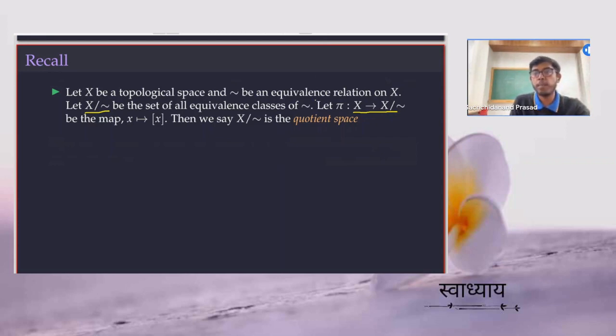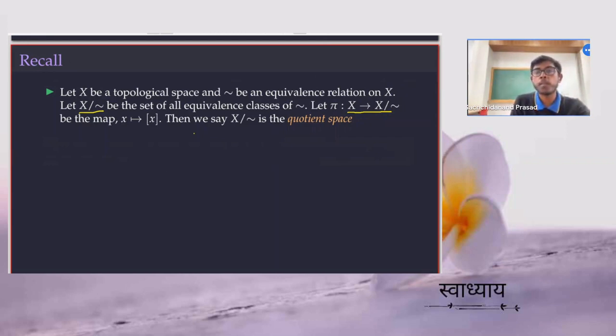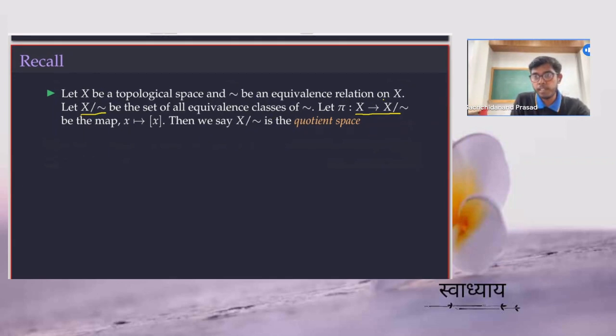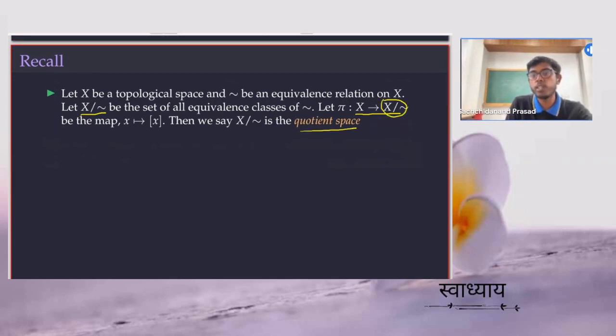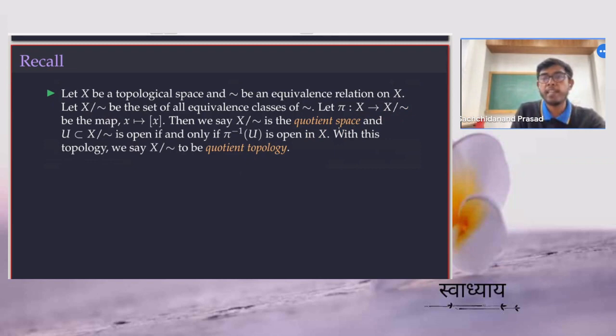This map is a surjective map also, and we call this space a quotient space. Now we define a topology on X mod tilde as follows: you take any set U in this, and that is open if and only if the inverse image of U under pi is open in X. And with this topology, we call the quotient space a quotient topology.